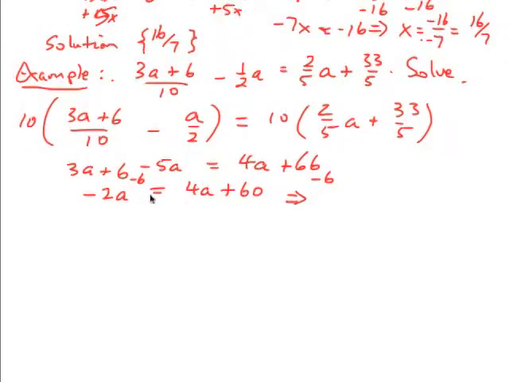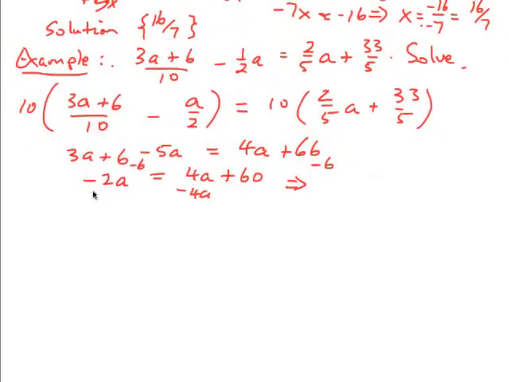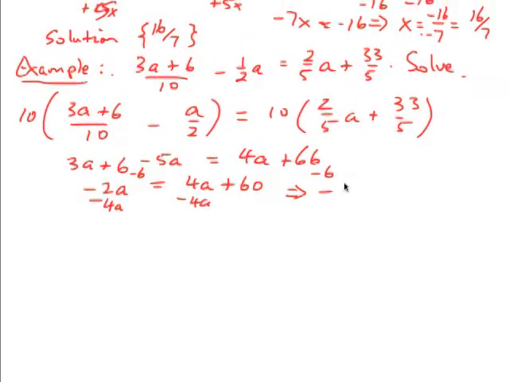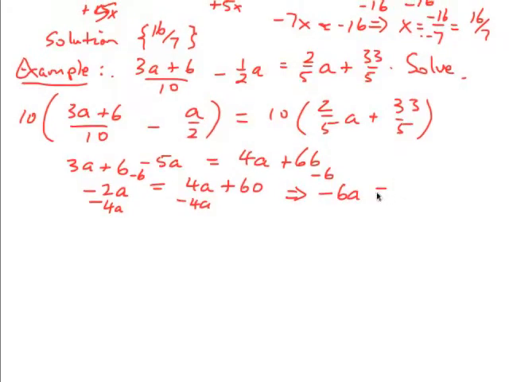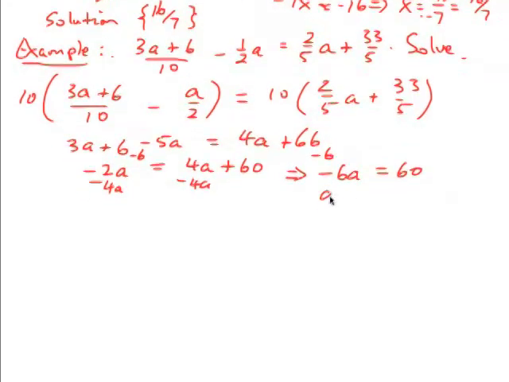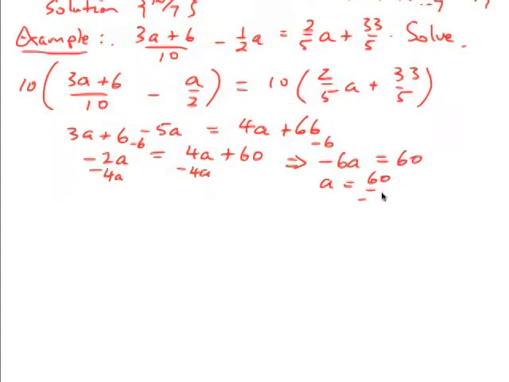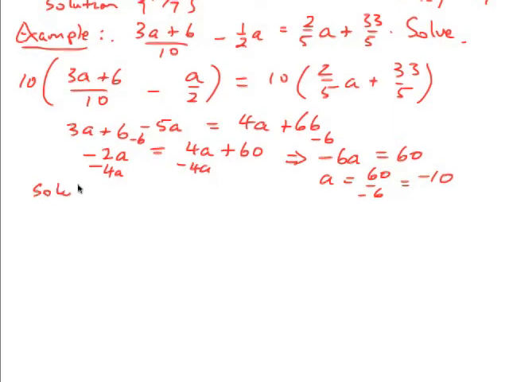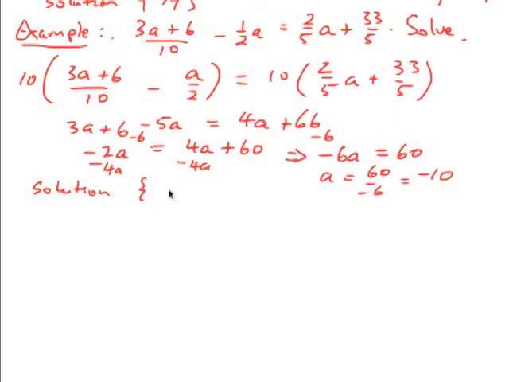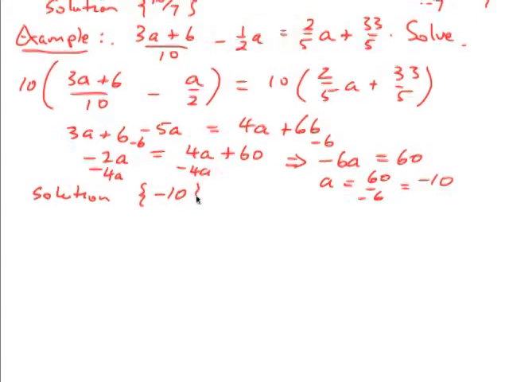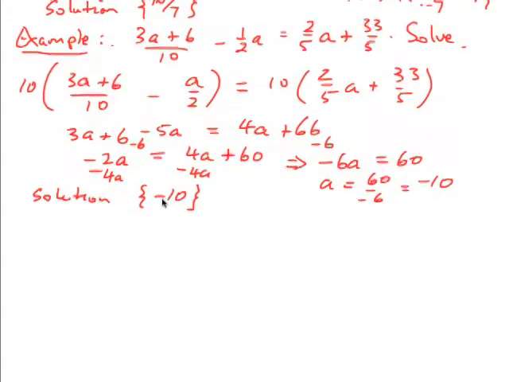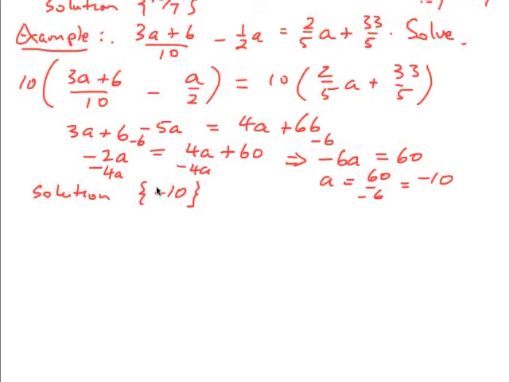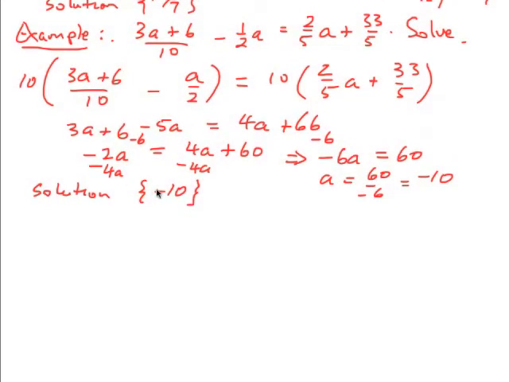This is going to imply then, if I subtract 4a from both sides, I'm going to end up with negative 6a on this side is equal to 60, which means that a is going to be 60 over negative 6, which of course is negative 10. So our solution then is going to be the set that consists of just negative 10. Right, so that's how we do those types of solutions to a linear equation in one variable.